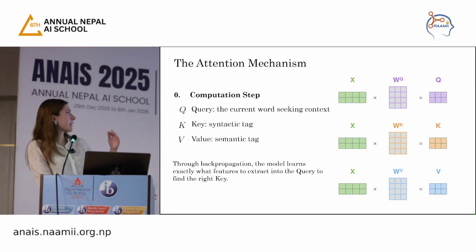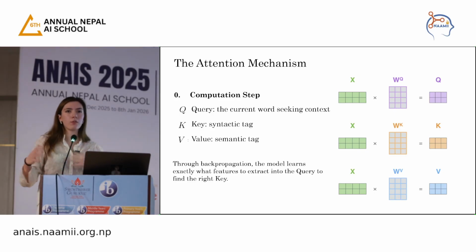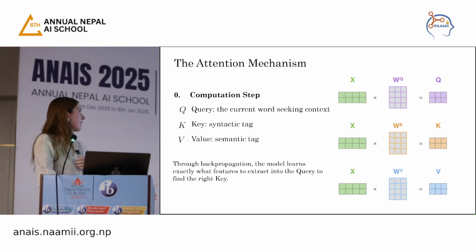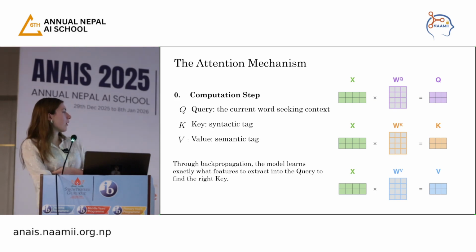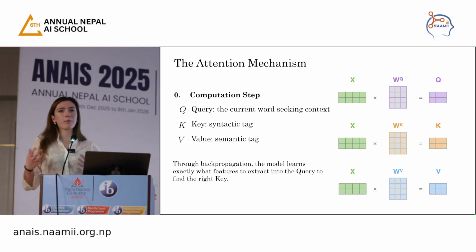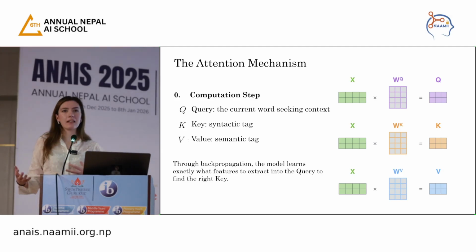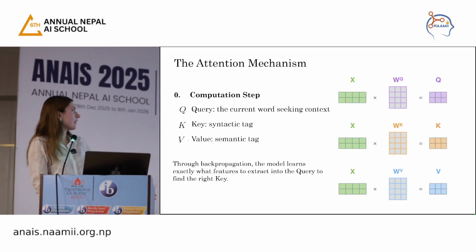So the key matrix is basically taking into consideration all of these different nuances. And then the value matrix should represent the semantic tag. So what is a dog? A dog is an animal, right? So we kind of want to imbue this kind of meaning into the value matrix.